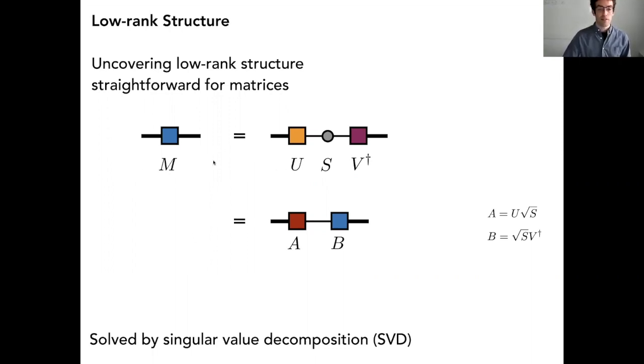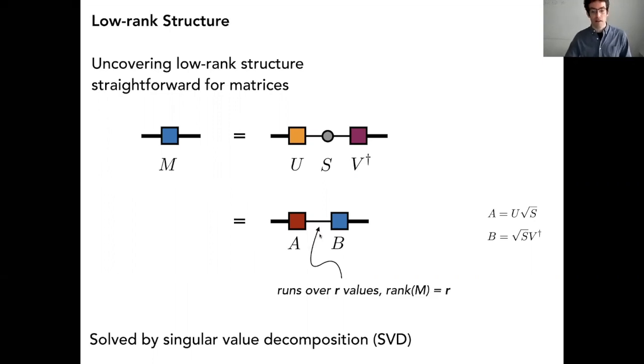So let's take some matrix M and compute its SVD, and what that gives us is a matrix U, a diagonal matrix S, and another matrix V. Then we can collect this into two matrices by taking the square root of S and putting it into U and into V, and we get matrices A and B. The idea is that in some cases, S will not be as large as it could be.